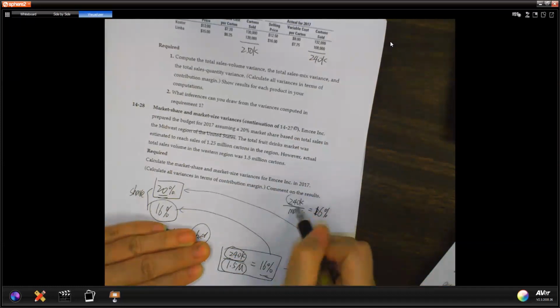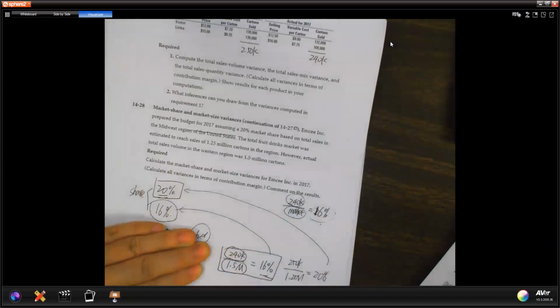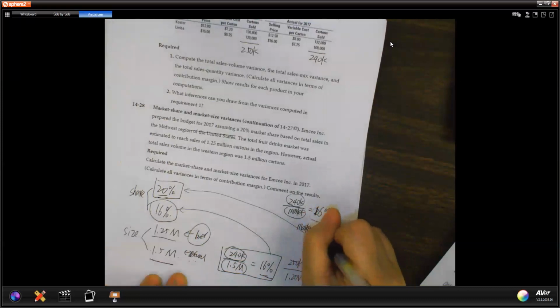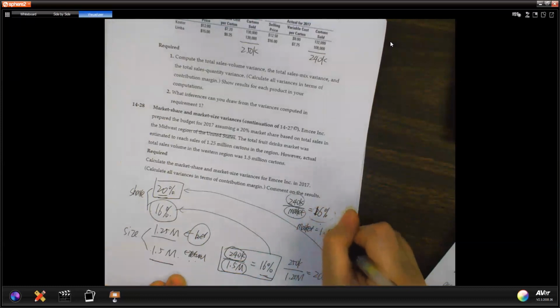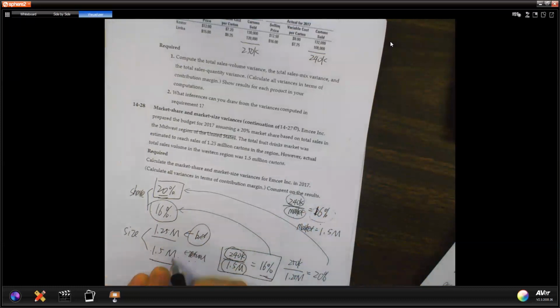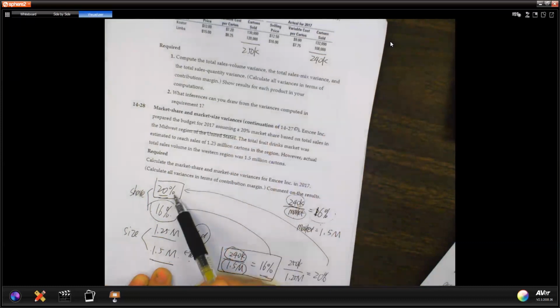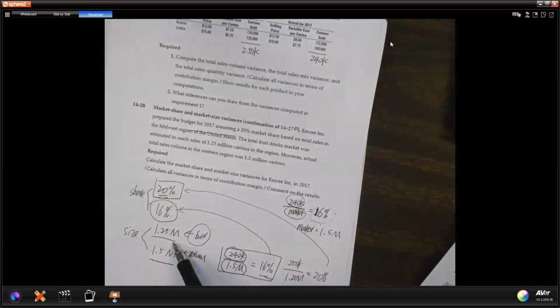My actual divided by the market actual gives me 16% of my actual market share. So then my market will be 1.5 million. That will give you the actual market size. What I'm trying to tell you is, you know your company data. If I give you market share, you should be able to get market size. If I give you market size, you should be able to get market share. And then we set up everything.